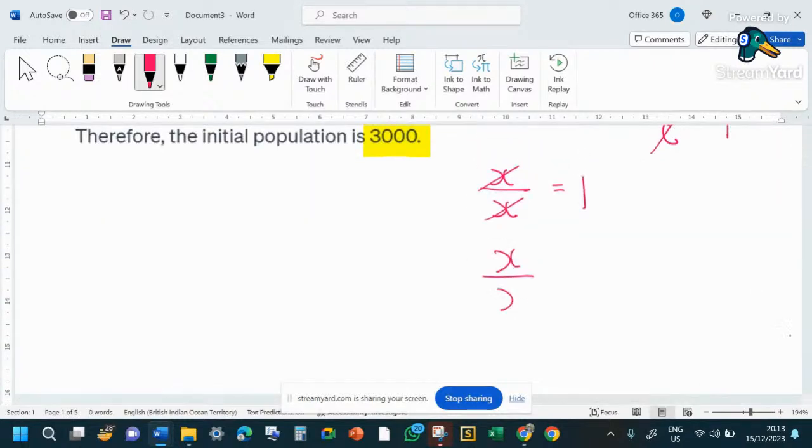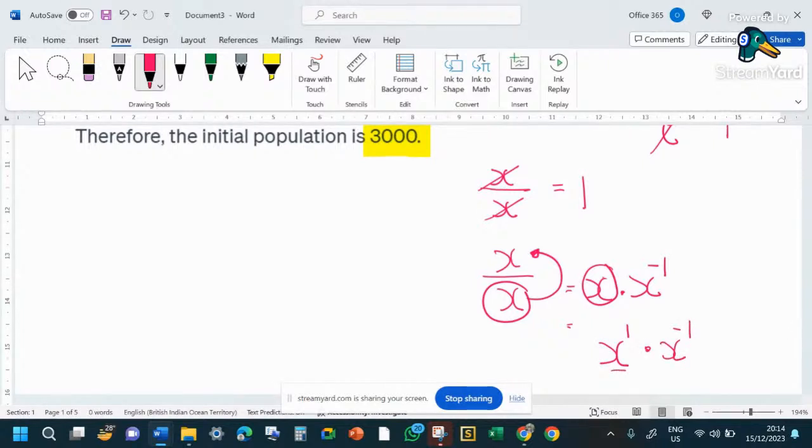Because x is at the bottom, if you put it on top, it becomes x times x to the negative 1. With the base x, this x here doesn't have any power written, but the power is actually 1. So x to the 1 times x to the negative 1.